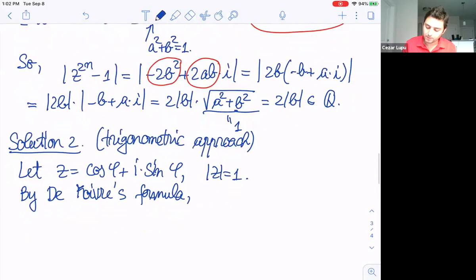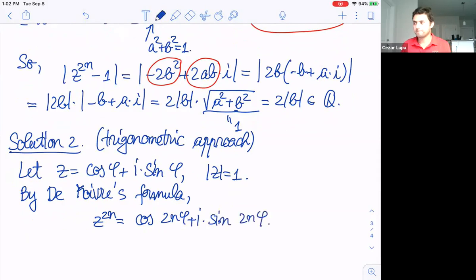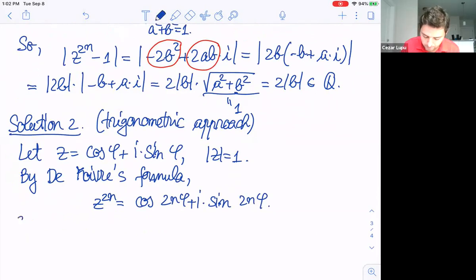We have that z to the power 2n will be cosine of 2n phi plus i sine of 2n phi, correct? And now we're going to take the absolute value of z to the 2n minus 1. The absolute value of this will be what?